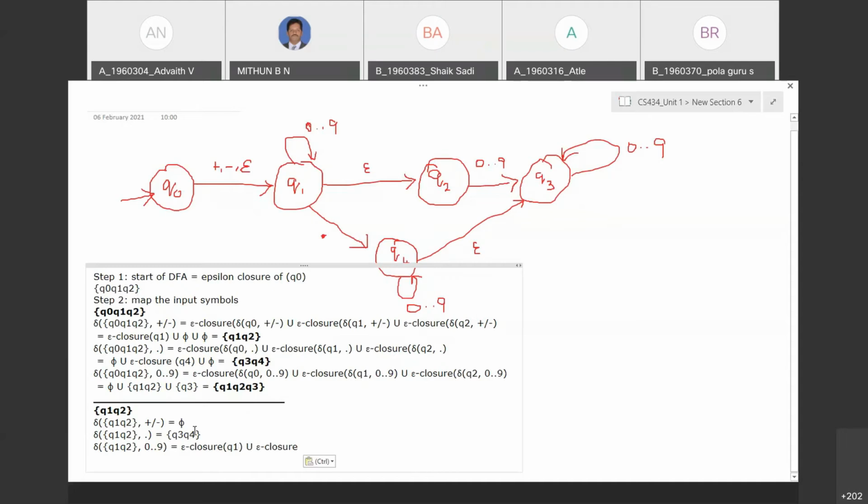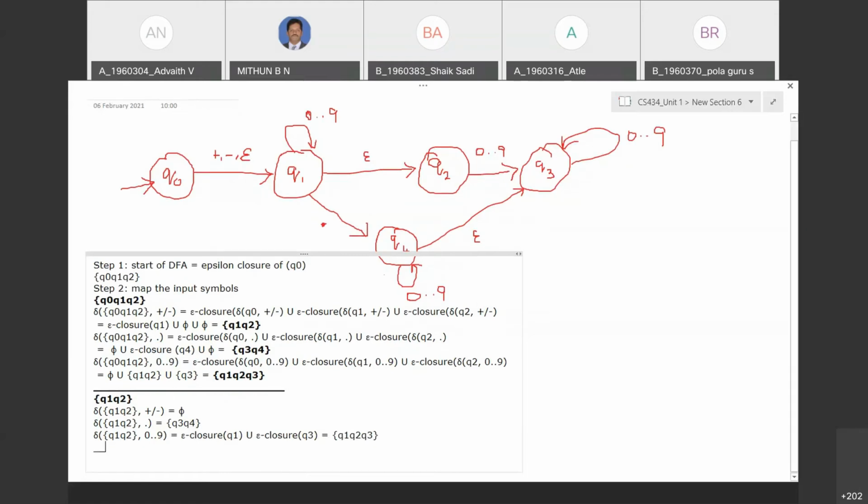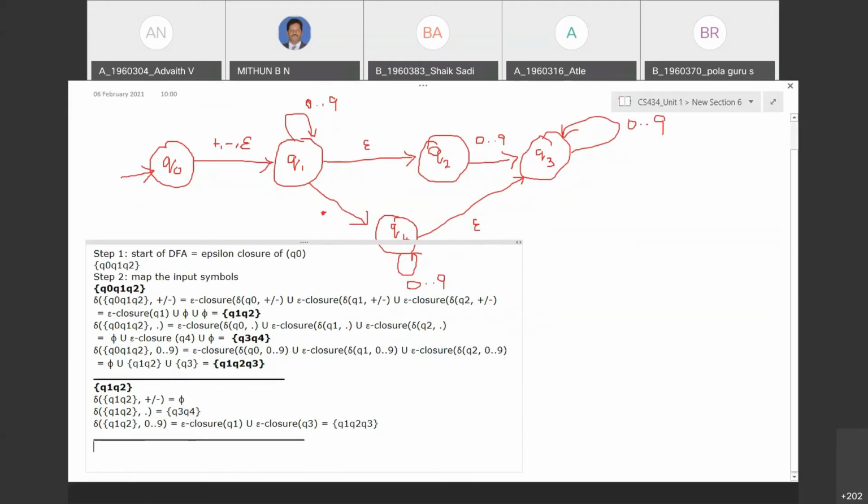Obtain epsilon closure of Q3. Epsilon closure of Q1 is Q1, Q2. Epsilon closure of Q3 is Q3. So it is Q1, Q2, Q3. We didn't get any new state here. Nothing to worry. Next state is Q3, Q4.